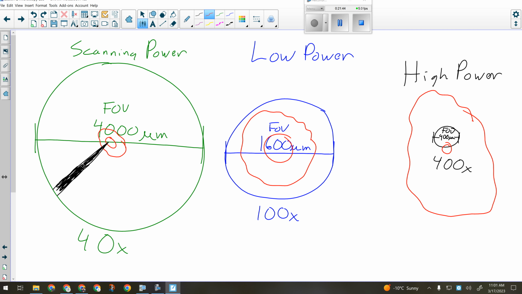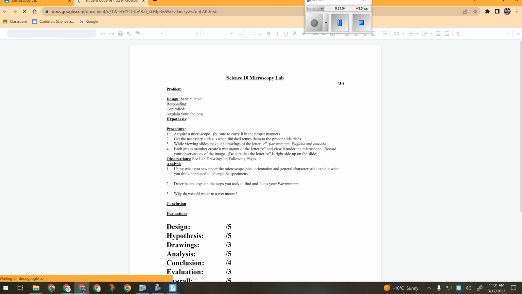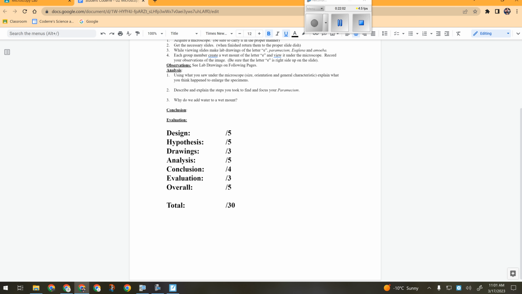Now, let's talk about how we do this. So in Google Docs, if I want to put my lab diagrams in, and it says here, see lab drawings on following pages, so I'm just going to go to the next page.